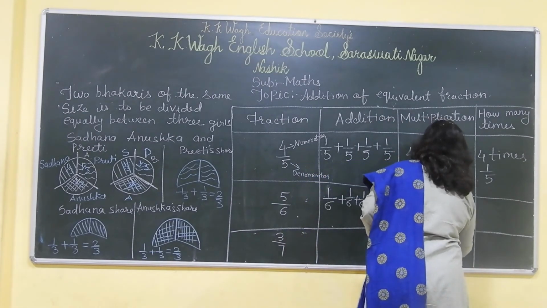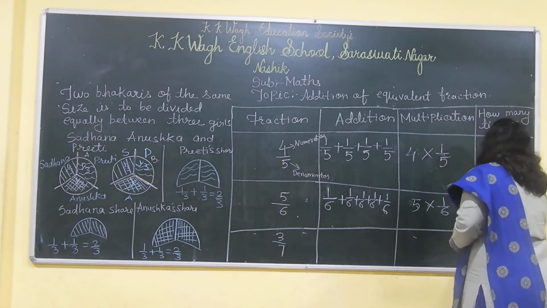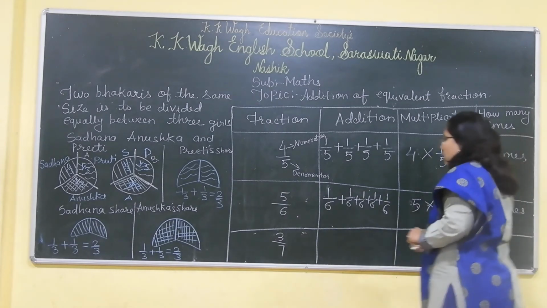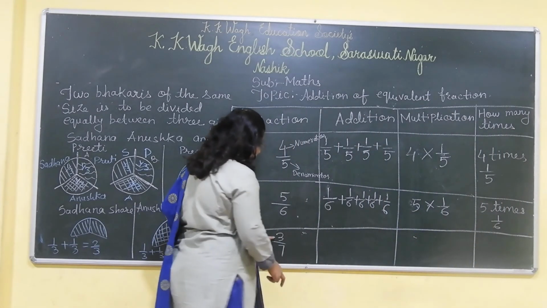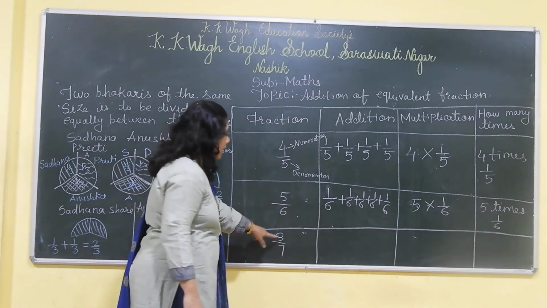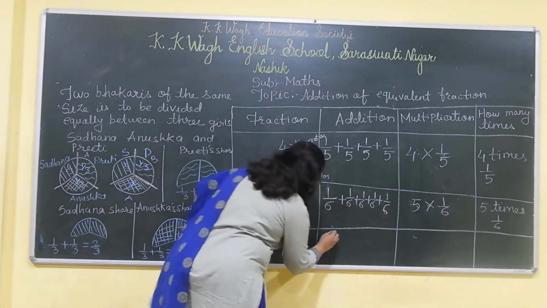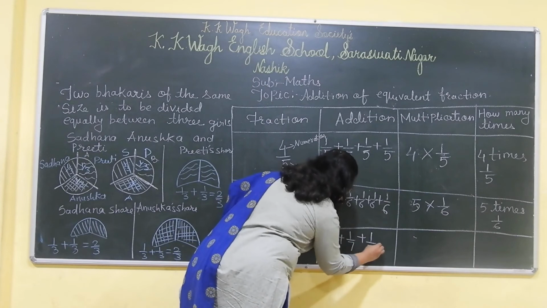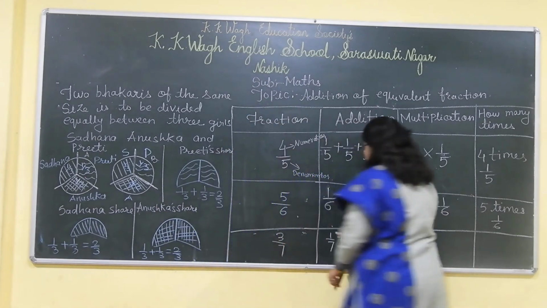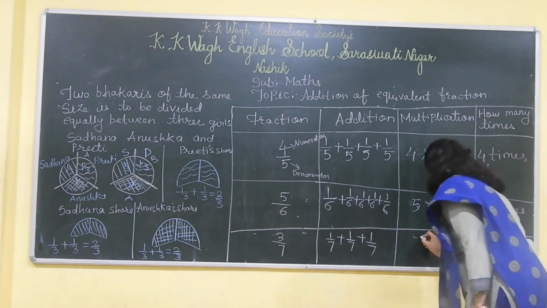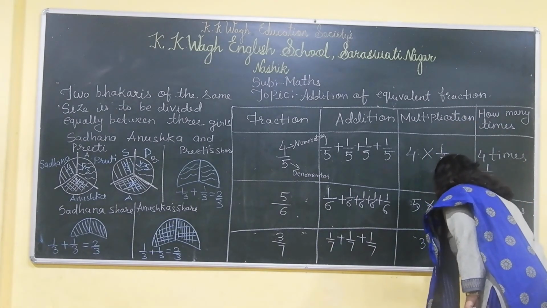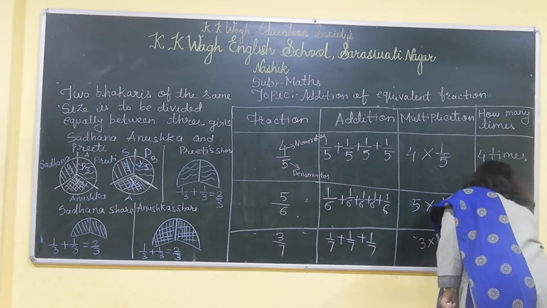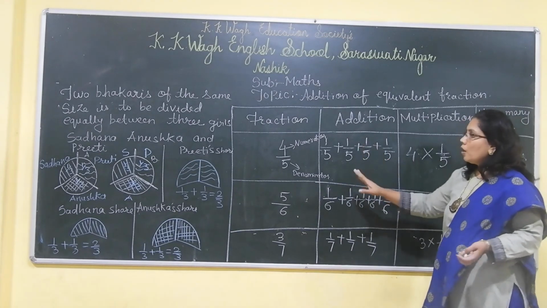Again 3/7. Here are the 3 parts, so we will write it as 3 times 1/7 plus 1/7 plus 1/7, 1, 2, 3. 3 multiplied by 1/7, and we write it as 3 times 1/7.